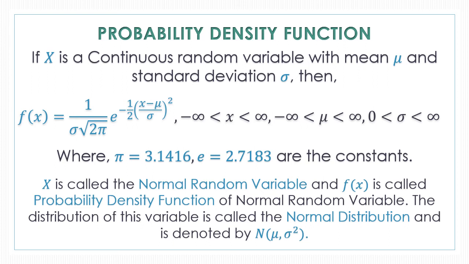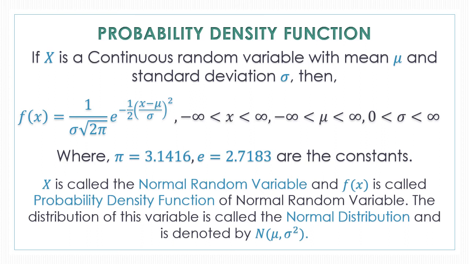Now remember that in the second chapter we talked about the parameters. In the binomial distribution the parameters were n and p. N was the number of trials, p was the probability of success.